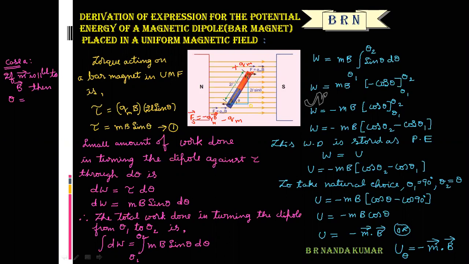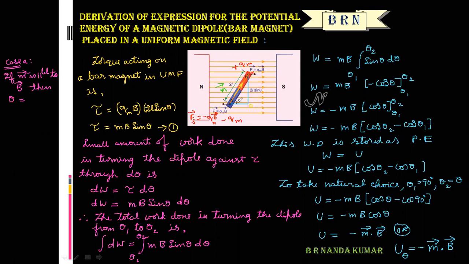The direction of magnetic dipole axis is always from south pole to north pole. The direction of magnetic moment is the same as that of the dipole axis.